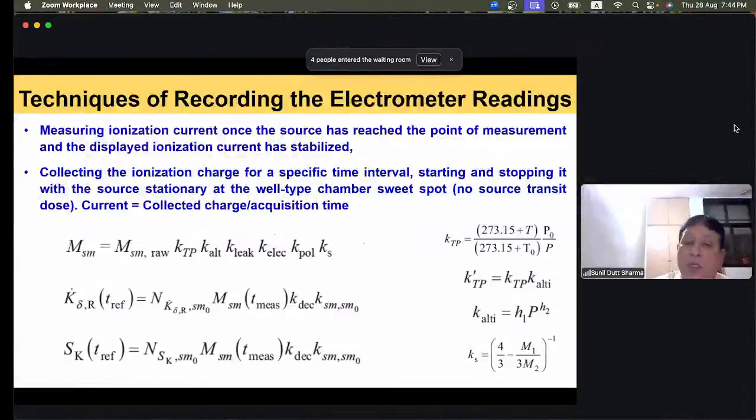It is not applicable for low energy brachytherapy at high altitude. For example, if my hospital is in Dehradun or maybe Jammu and Kashmir, and I am dealing with iodine 125 source or palladium 103 source, probably the temperature pressure correction factor calculated using this formula is not correct.